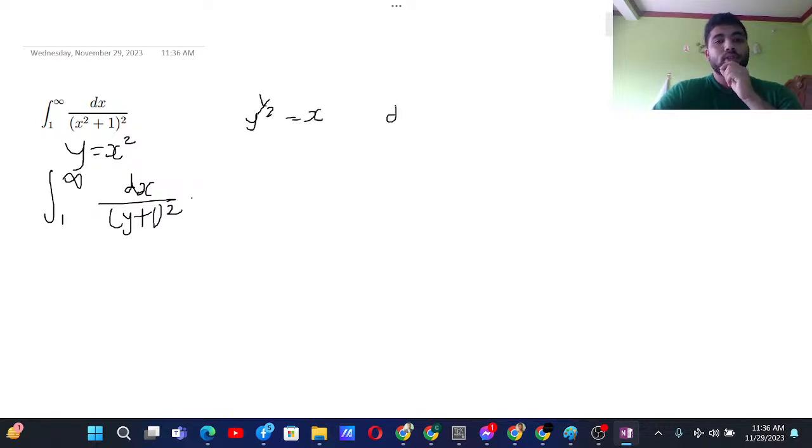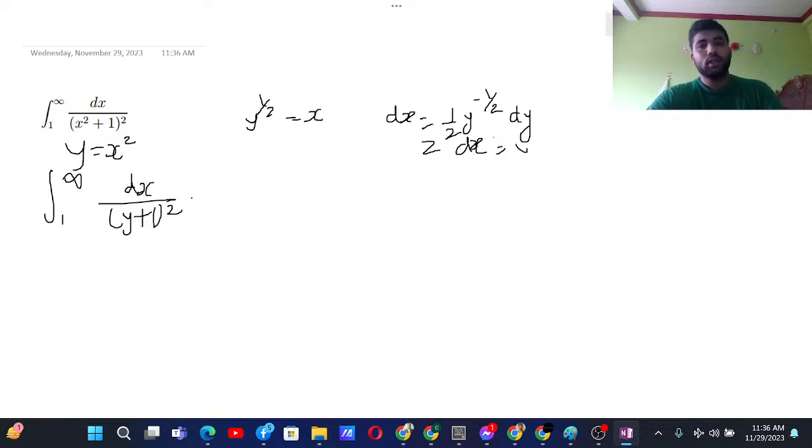So that gives us dx equals 1 by 2 y to the power minus 1 by 2 dy. I don't think I really need to change it to the other side.